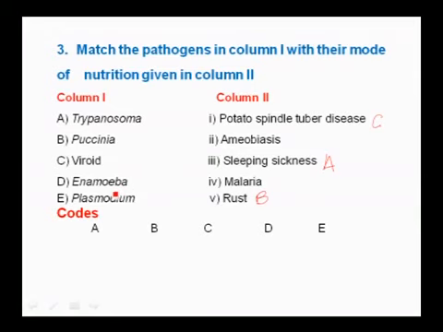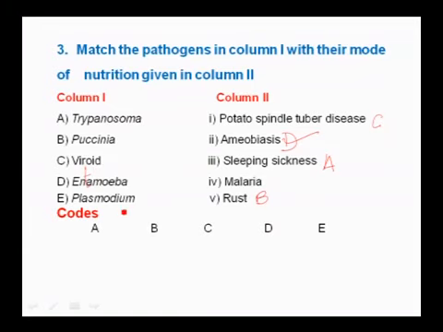Entamoeba is known to cause the disease amoebiasis. Amoebiasis is nothing but, you can also call it, amoebic dysentery. So amoebic dysentery or amoebiasis is caused by Entamoeba histolytica. This is an amoeboid type of protozoan which is capable of causing amoebiasis.